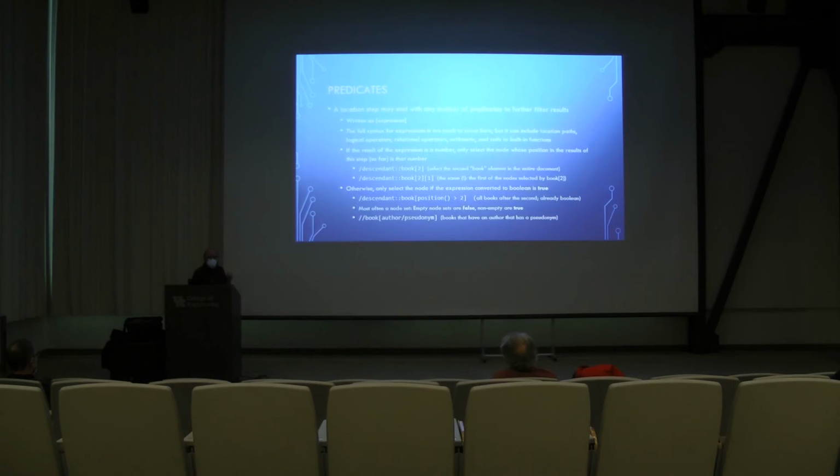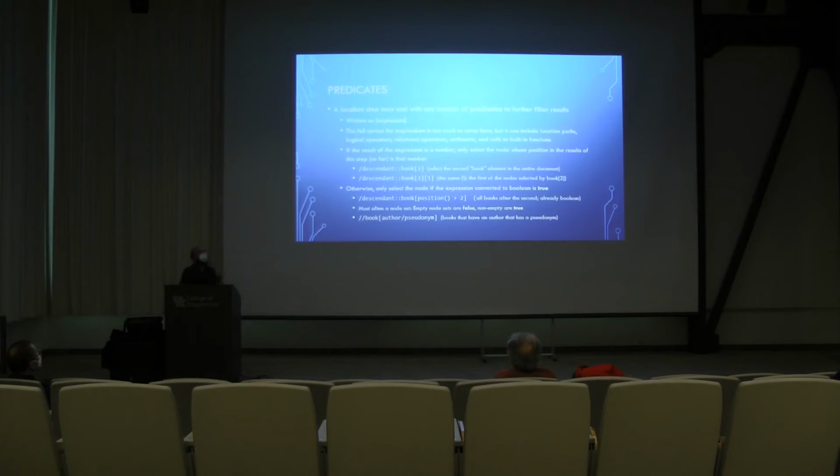I'll show another example of going through something like this on the next slide. You can also have predicates at the end of your location step. What I've shown you so far hasn't had predicates. You have your axis, which tells you which direction to go, and the node test, which lets you very coarsely say which of those things you care about, just based on the name or the type of node.